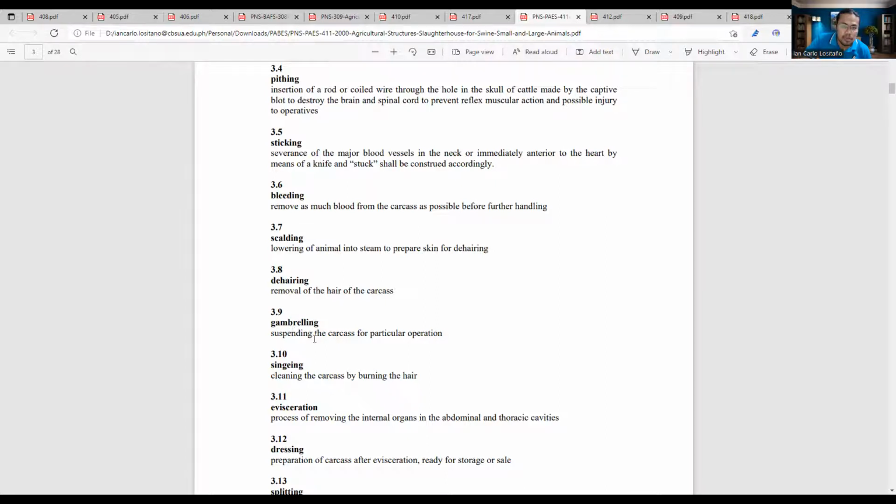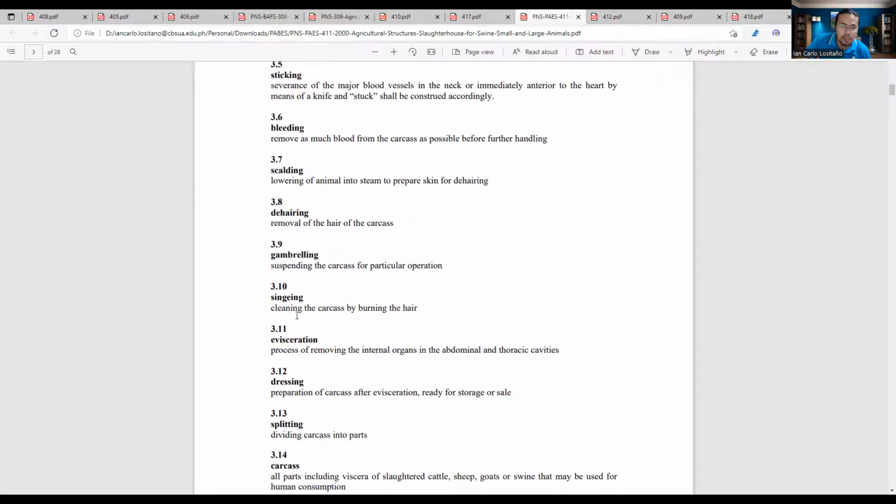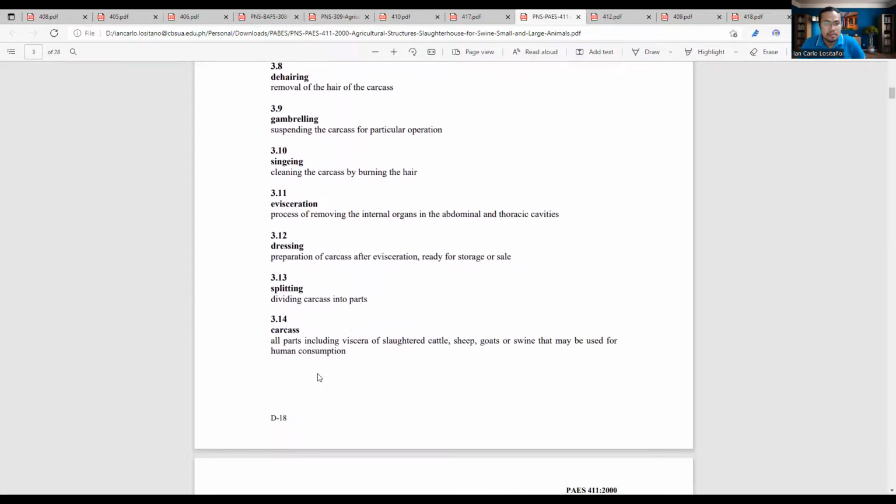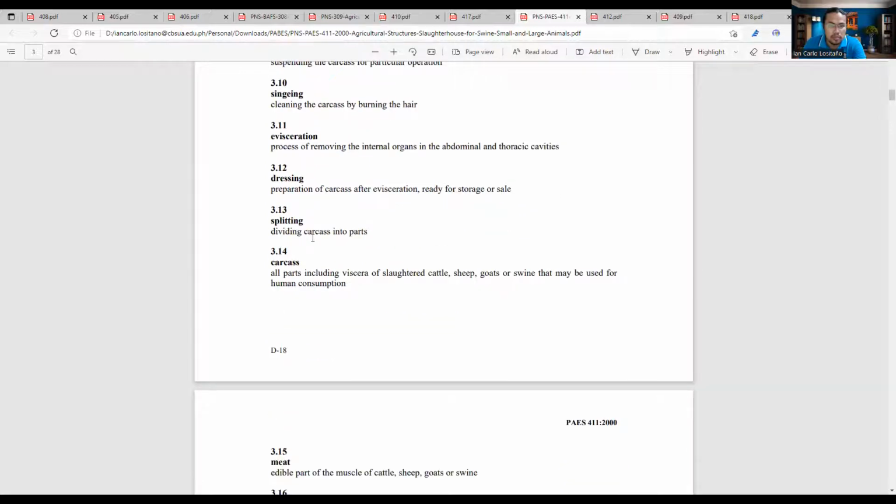and to facilitate its removal during the dehairing. And then there's hanging, which is actually just the suspending, and then the singeing, or the burning of the carcass hair, and then the evisceration, or the removal of the internal organs after cutting the animal in half. Then there's the dressing, or preparation of the carcass after evisceration, and the splitting of the carcass into parts.